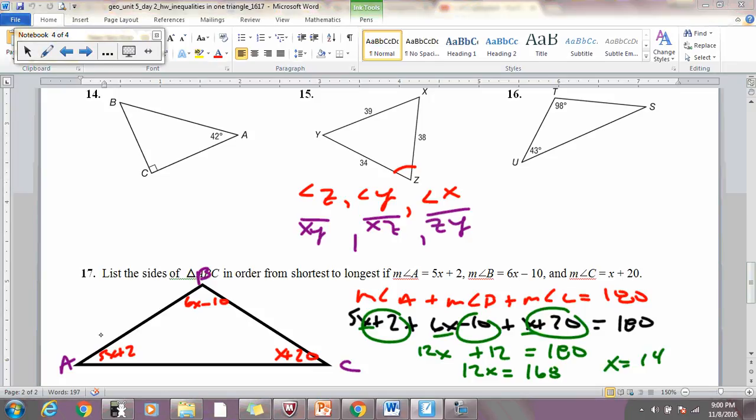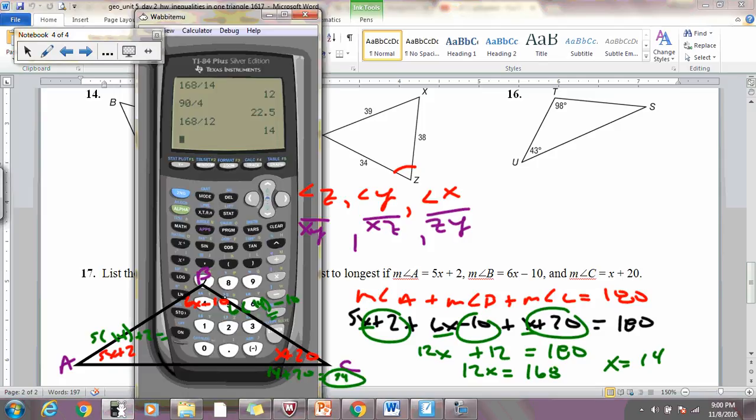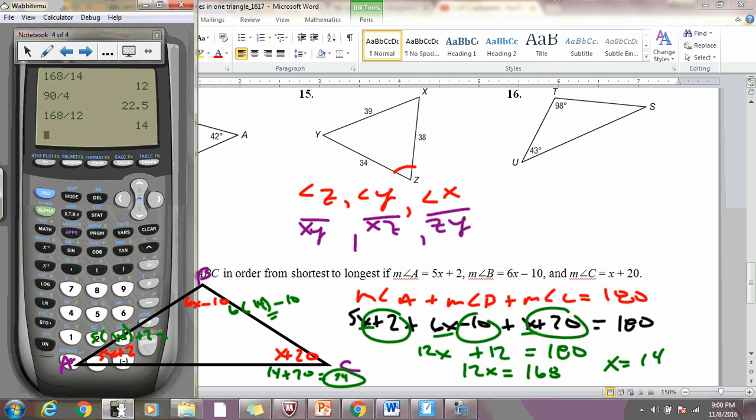Now that I know what x is, I can substitute it back in. So 5 times 14 plus 2, 6 times 14 minus 10, and then 14 plus 20. That one's an easy one, 34. All right, let's get the handy dandy calculator for these others. So, stack it over a little bit.